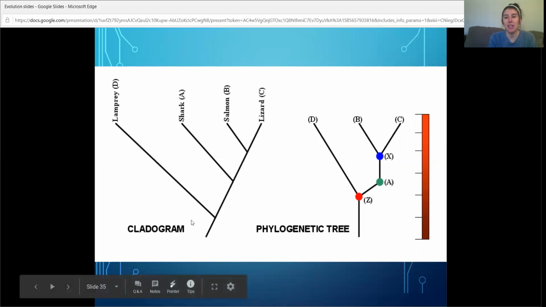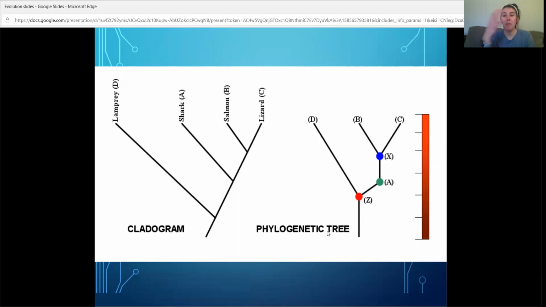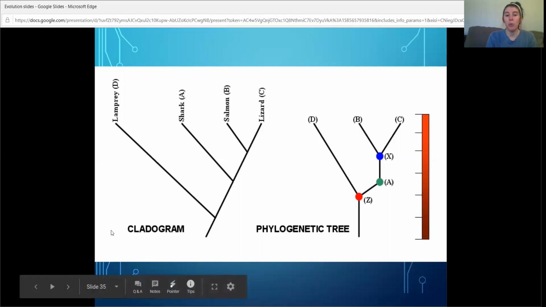The phylogenetic tree is the primary way that we look at this. The cladogram is a newer diagram that we have started using, so they're becoming more popular, but we still use both.